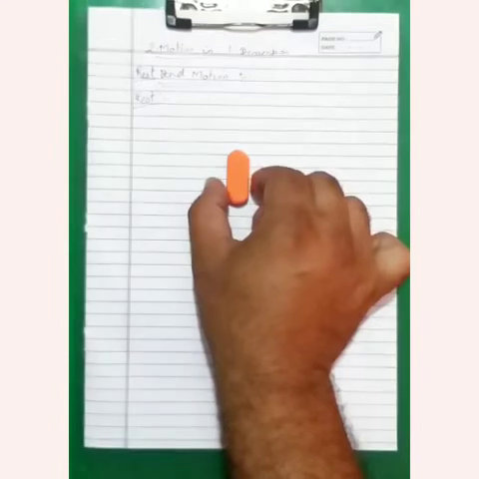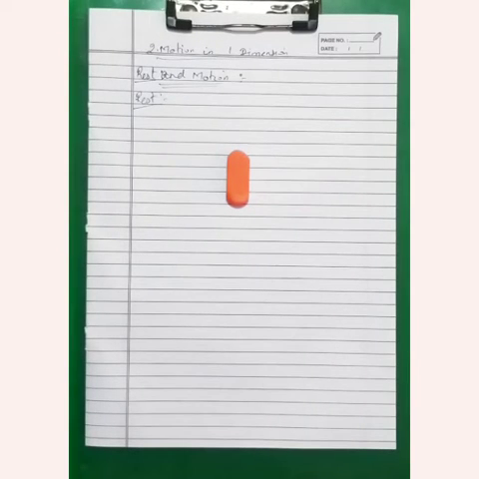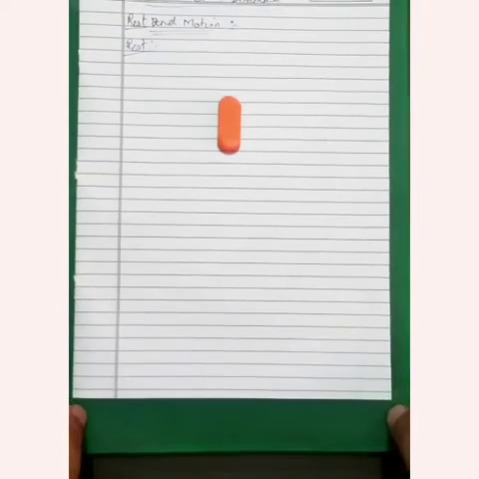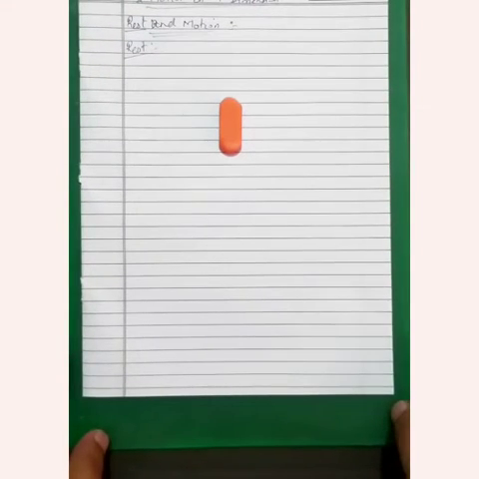Now why I said these rest and motion are relative terms, because now look at this motion. If I am moving this cardboard somewhere like this, what about rest and motion? Then I will say that this board is in motion, because now its surroundings will be changed.